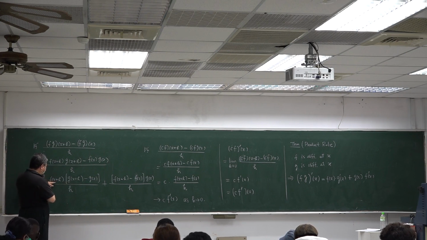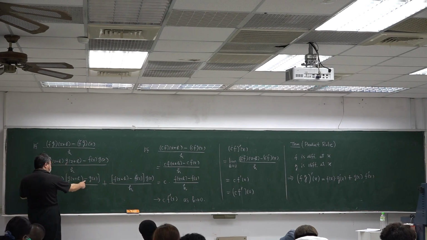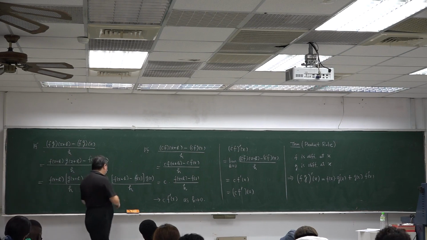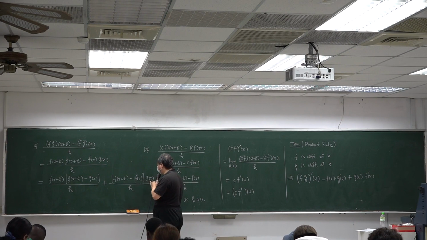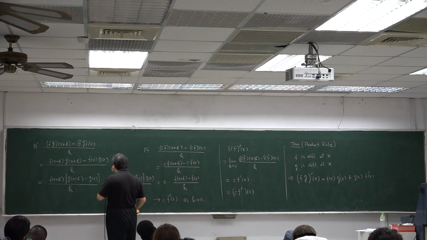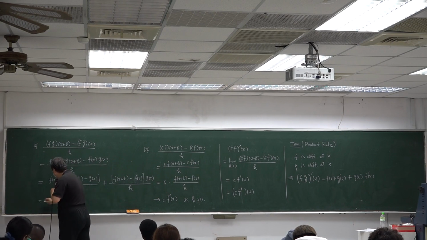See, this term is the original one here, but minus f of x plus h g x. We have to add f of x plus h g x. So this is exactly what we have observed.